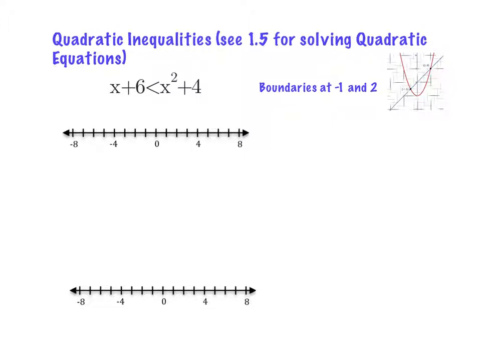So we know we have those boundaries, so what we're going to do is place those on our number line. So we've got -1 and we have 2. Now we have a couple of solution regions we want to look at. Over here, any number of things could work. I could try x equals -4, -8, or -2.